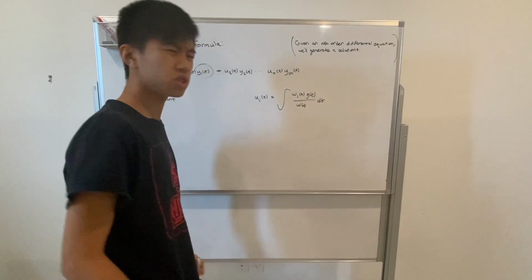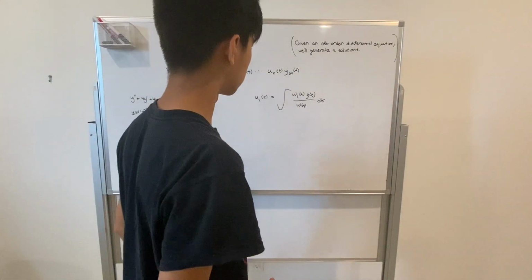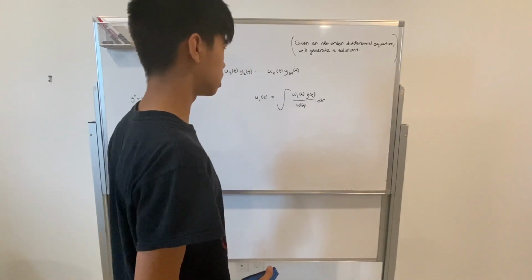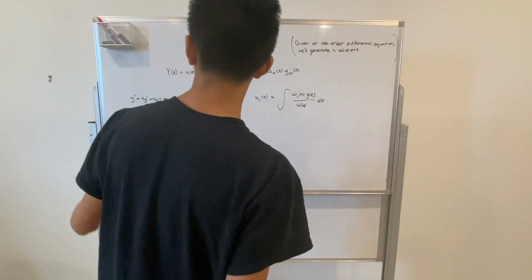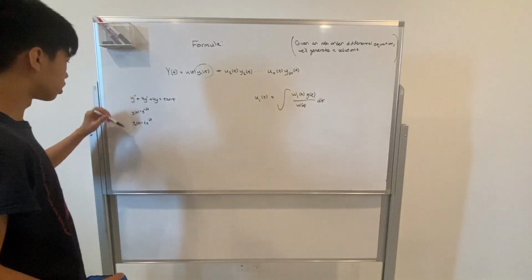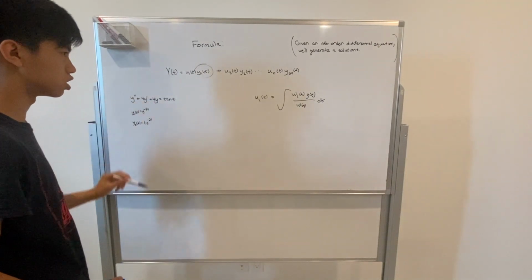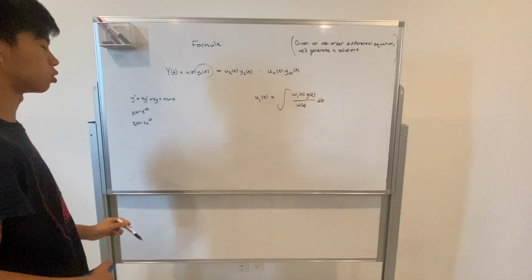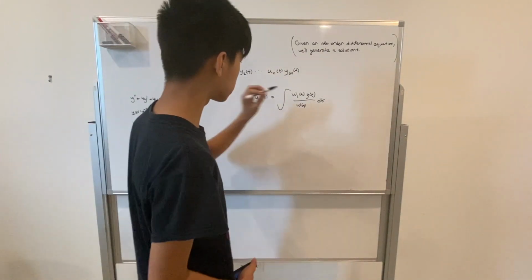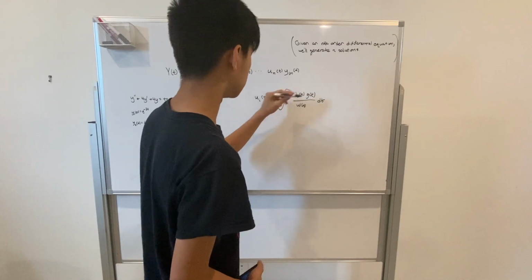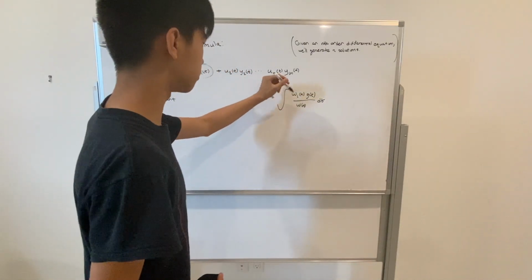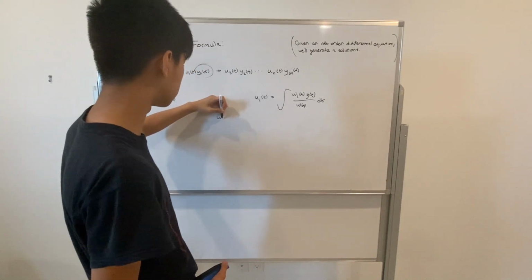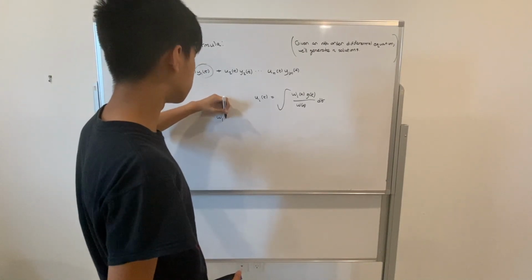And what does the Wronskian have to do with anything? Or rather, what are you taking the Wronskian of? If we look at these two solutions, these are the functions we'll be taking the Wronskian of. Let's start with Wronskian i of t. Let's say you had Wronskian 1 of t.